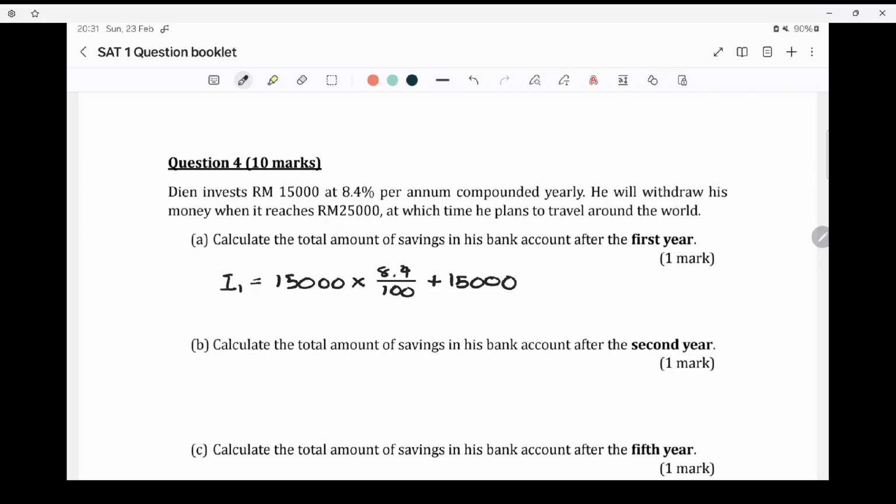So the first term is the interest, second term is the original investment that you put in. So in short, this is 15000 times 1.084.